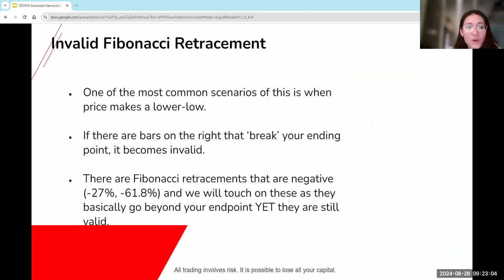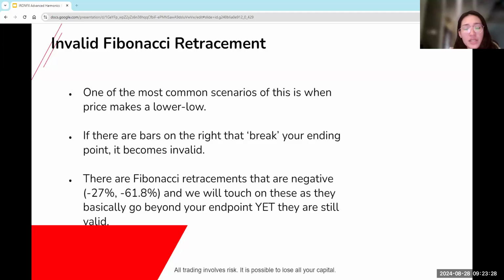Okay, so for invalid Fibonacci retracements, one of the most common scenarios of this is when price makes a lower low. So that's assuming you are drawing a Fibonacci retracement from the top to the bottom. So if there are bars on the right that break your ending point, it then becomes invalid. So there are Fibonacci retracements that are in negative that we saw earlier.